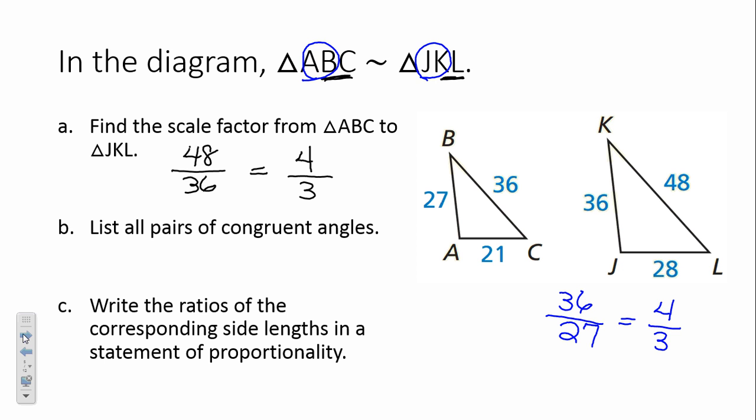Okay, so it should always be the same scale factor. It shouldn't matter if you chose AB and JK or BC and KL, or if you choose AC and JL. Okay? Yes. We're going to do that in just a minute. Okay? All right, so far so good?